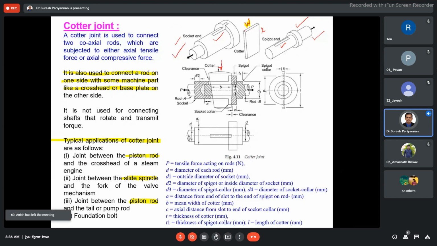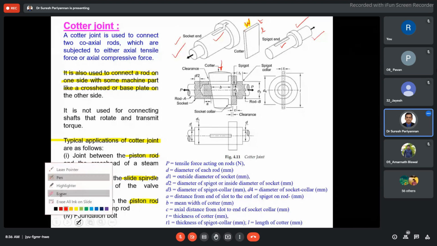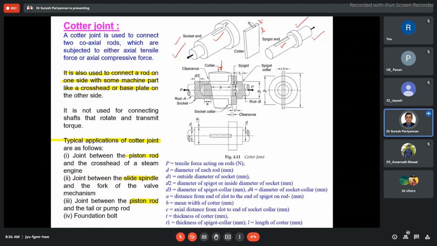The thickness is uniform thickness t, length is L. Now, this is the width. The width we refer to as b, better to avoid w.